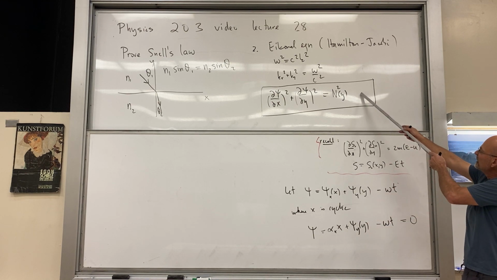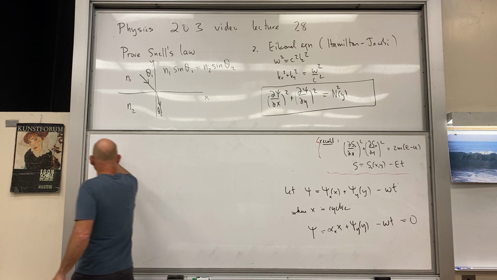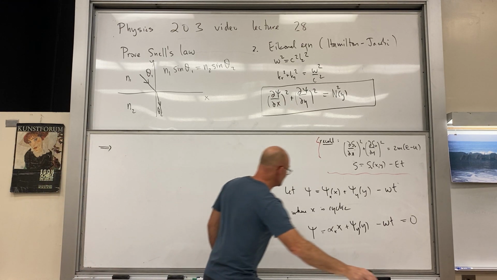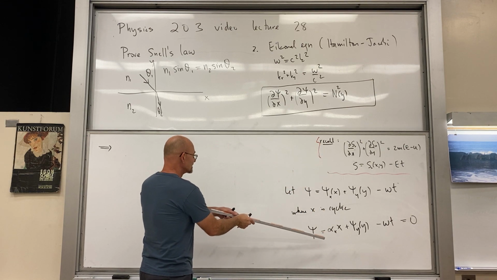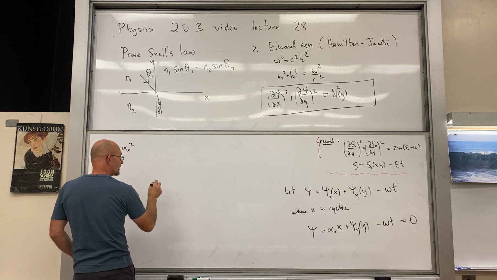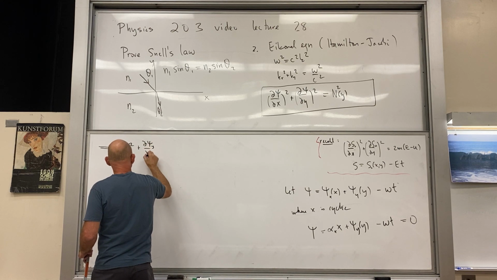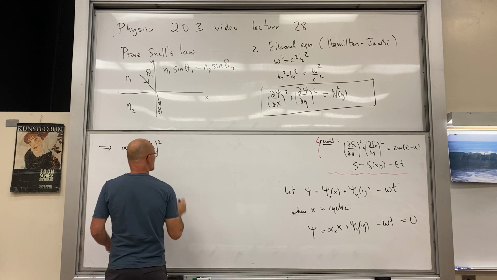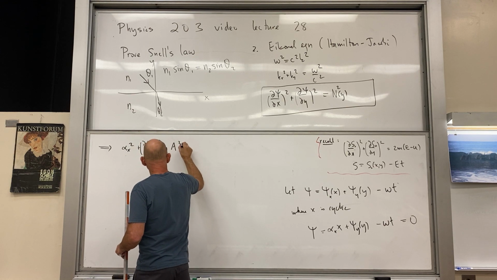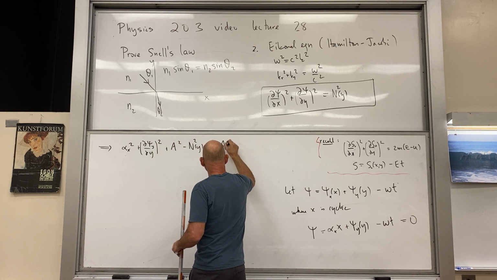We take this into this equation right here, and our next step is then, of course, the derivative with respect to x is just alpha_x, so we have alpha_x squared plus dc_y/dy, the quantity squared, plus a squared minus n squared of y equals a squared.